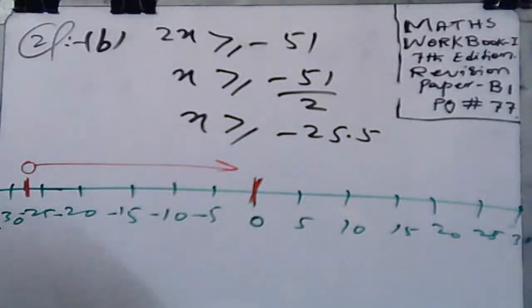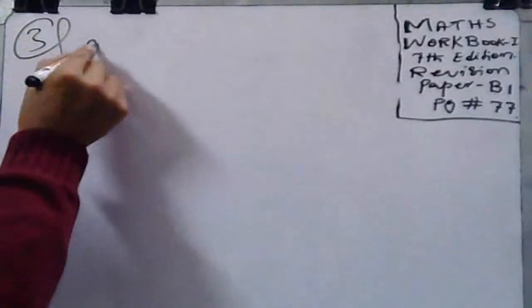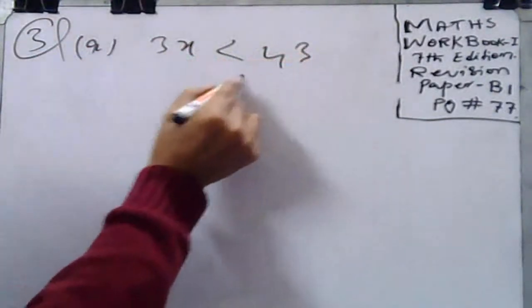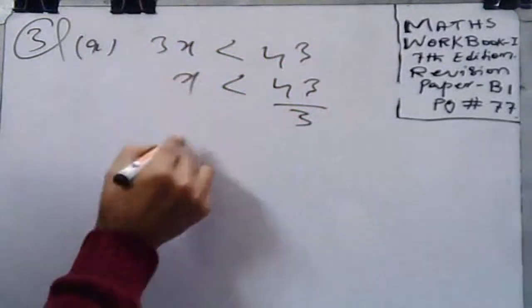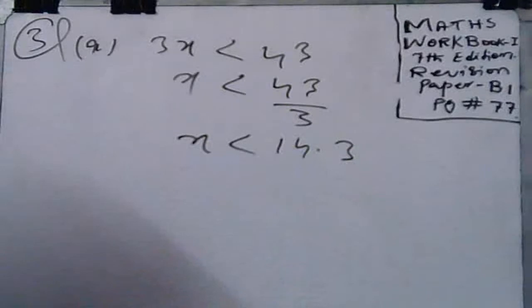Similarly in question number 3, A part, 3x less than 43 divided by 3. So the value of x is 14.3.